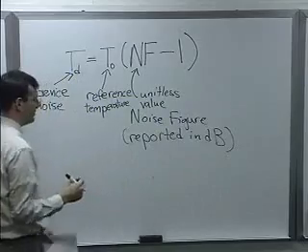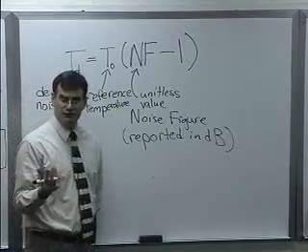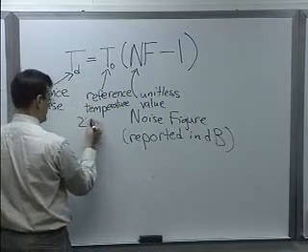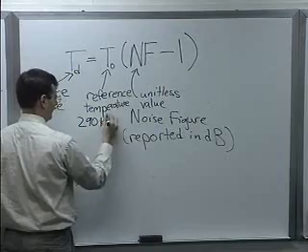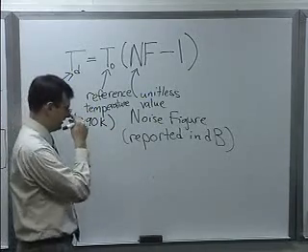So the reference temperature is, unless somebody tells you otherwise, the standard reference temperature that everybody makes noise figure measurements with, which is 290 Kelvin. It's approximately room temperature in the human world.